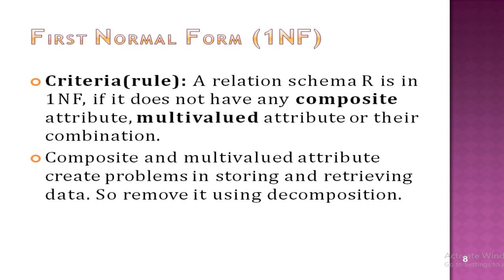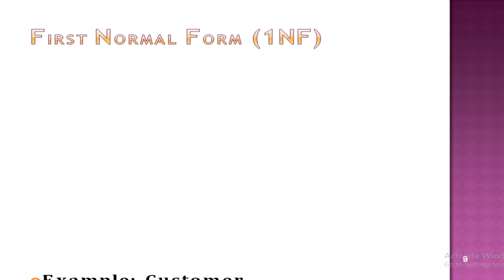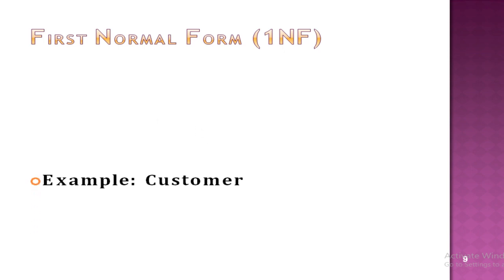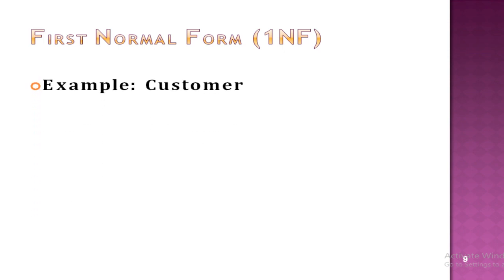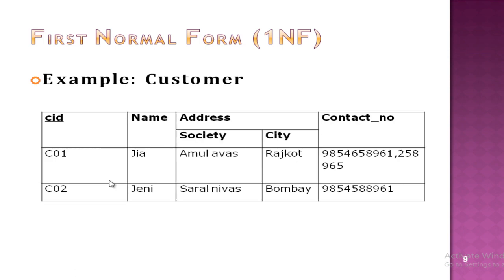Okay, so let's see the example. First, there is a customer table, right? The customer table contains customer ID, name, address and contact number. Here you can see, guys, society and city are a combination in the one field address.